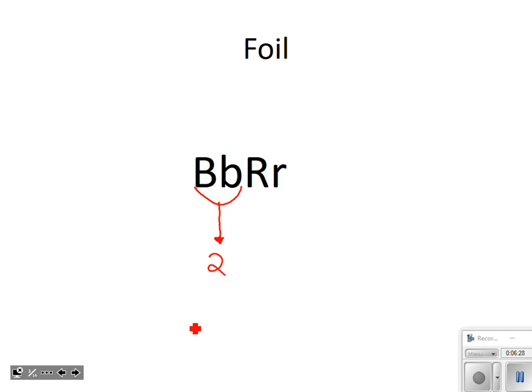Well, let's look at this one. How many different ones do I have there? 2. Good, Linda. A big R and a little r. If I take 2 times 2, what is it? 4. So this one will have 4 different gametes. Okay? That wasn't real hard to do, was it? Let me show you something else. Let's say it was this.